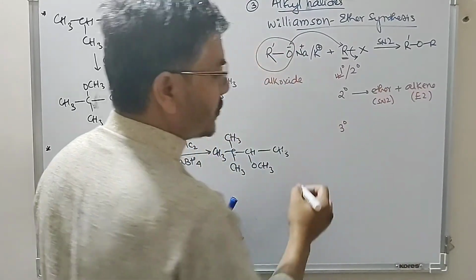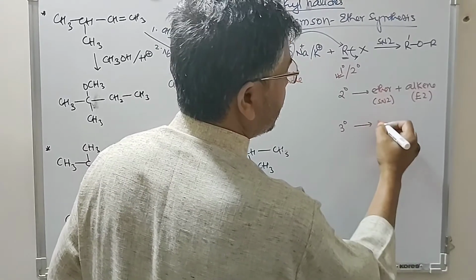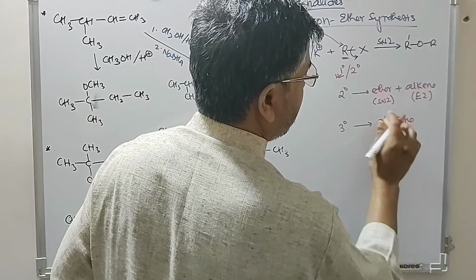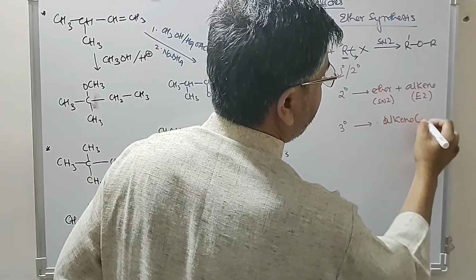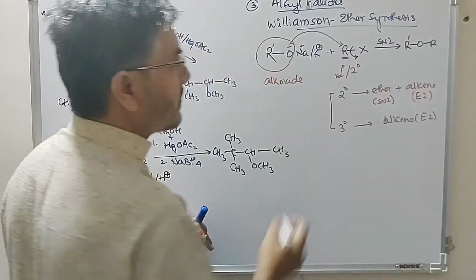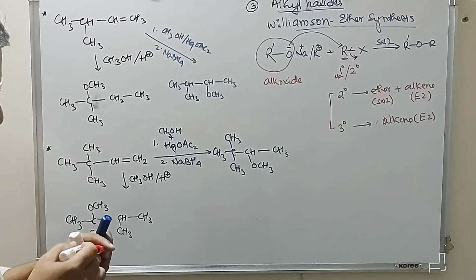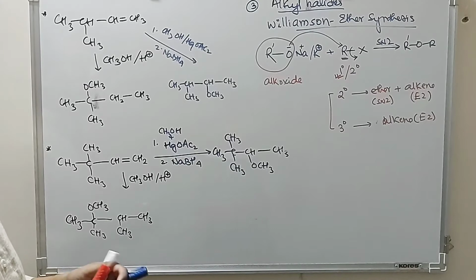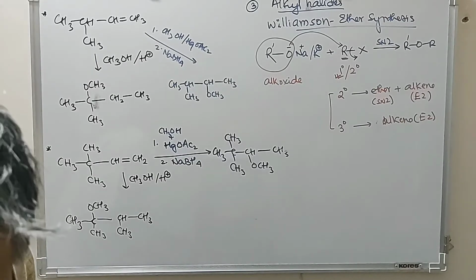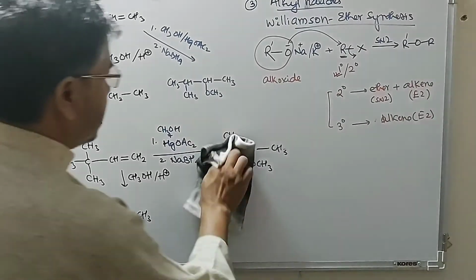If we use tertiary, then the major product will be alkenes, by the E2 reaction. So we should avoid using secondary and tertiary alkyl halides for this Williamson ether synthesis. So let's see the reaction here.